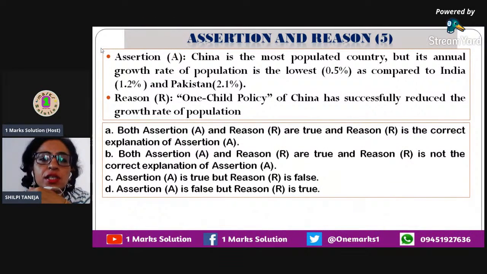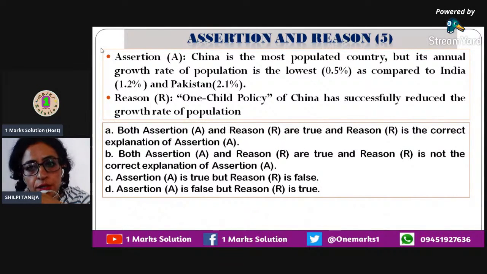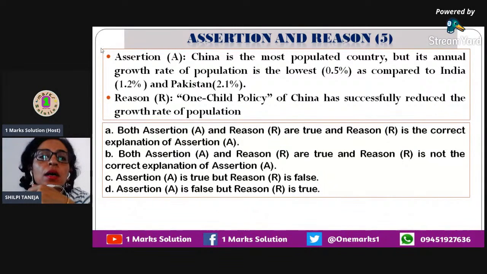Next question, assertion says China is the most populated country, but its annual growth rate of population is lowest. Yes, true. This is the largest country having the most population, but because they had adopted the one child policy, this is one of the basic reasons why the growth rate of China is lowest.